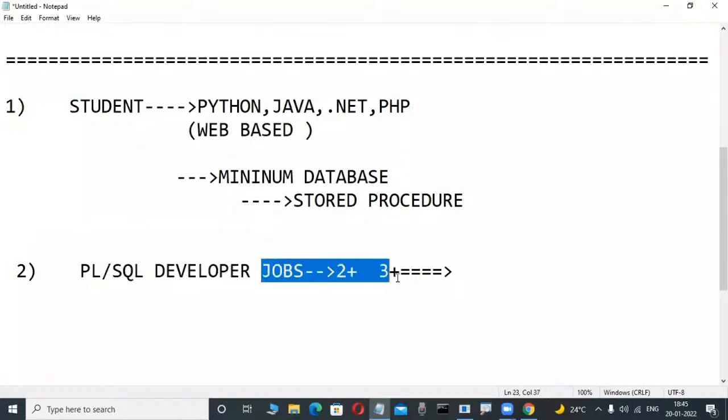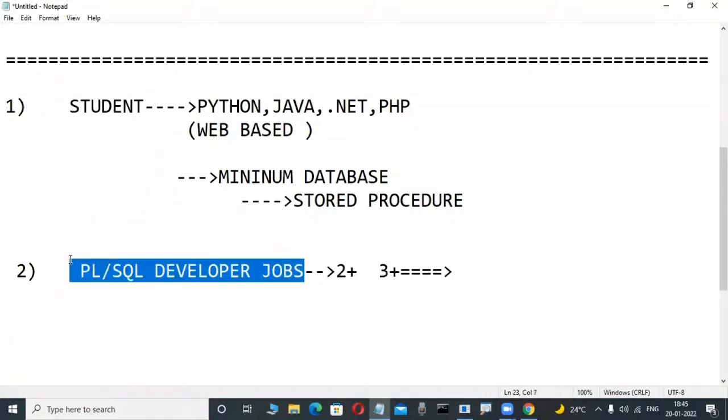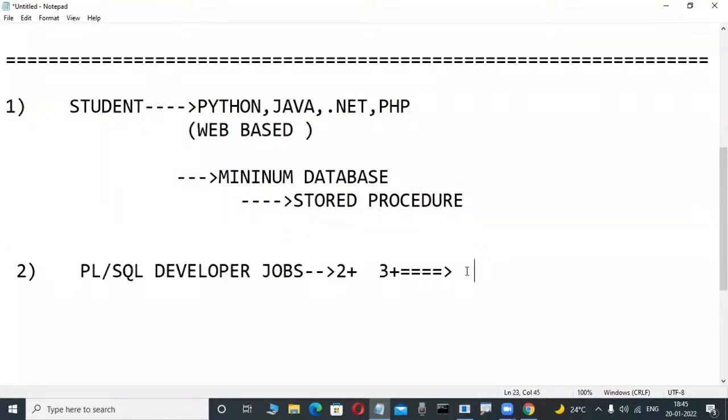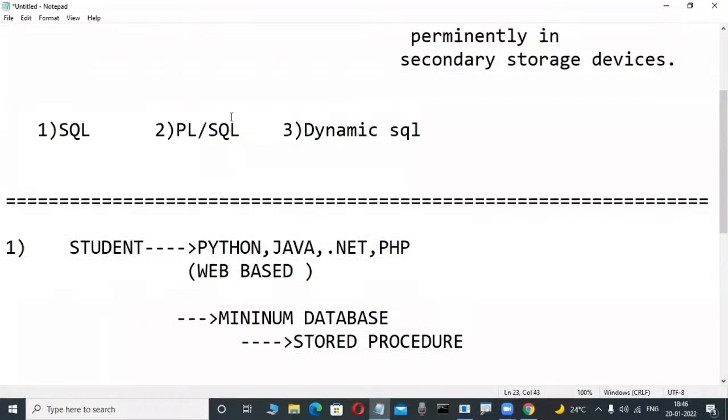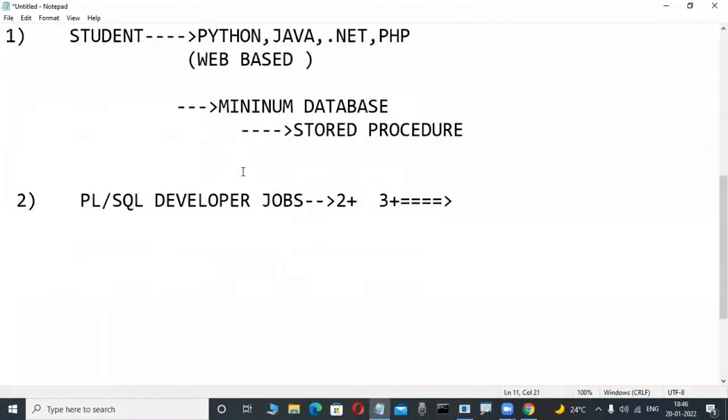These persons struggling in job searching learn thoroughly from me, especially the concepts asked in interviews, which I know. Those applying for PLSQL developer jobs learn this course, because in this course we learn SQL and also PLSQL.